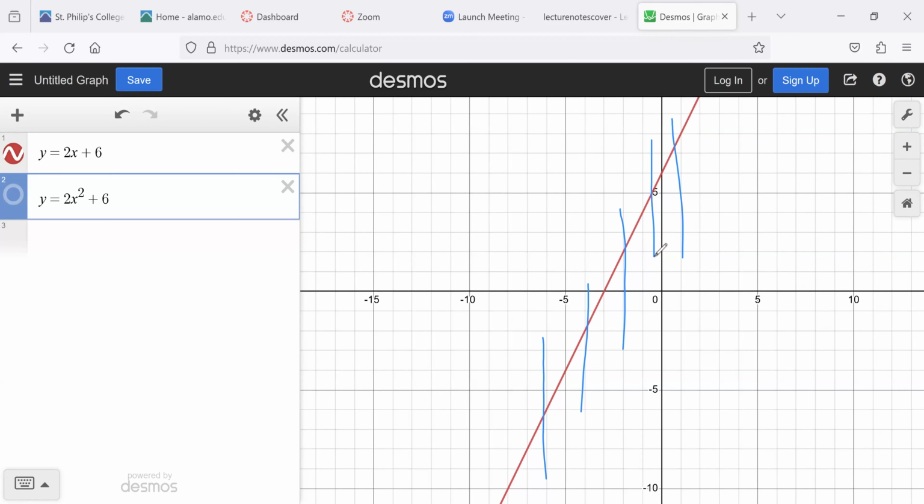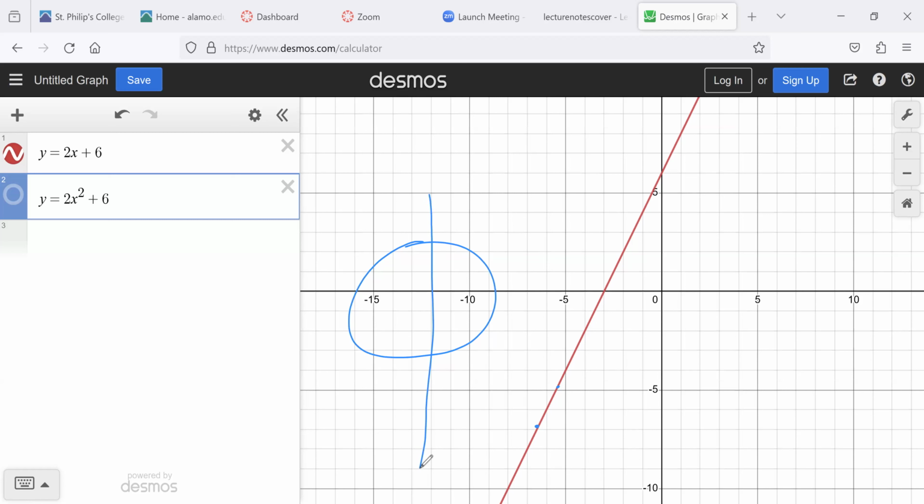That means it only intersects the graph once. But if you had a giant circle or something, the circle for sure is not a function. If you had a sideways parabola, it violates the vertical line test. So just graphing here, it's easy to see.